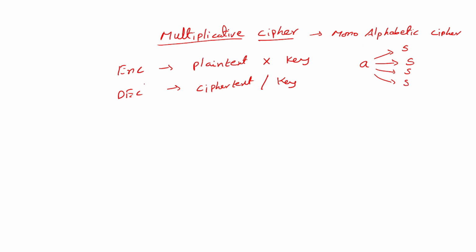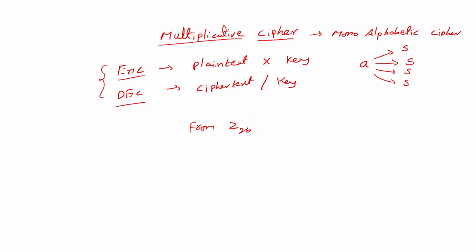Here in the multiplicative cipher we need to perform two operations: the sender side encryption and the receiver side decryption. Encryption operation means multiply the plain text with the key, and decryption operation means divide the ciphertext with the key. And all the operations are from Z26 only.